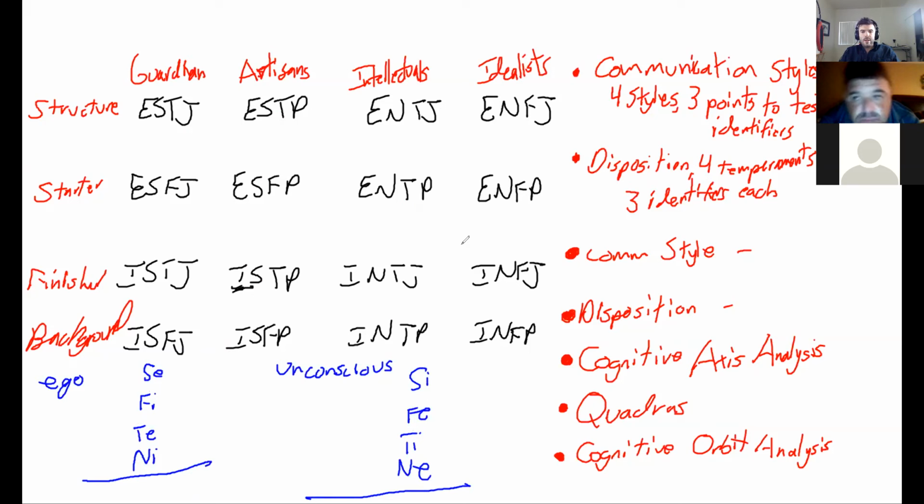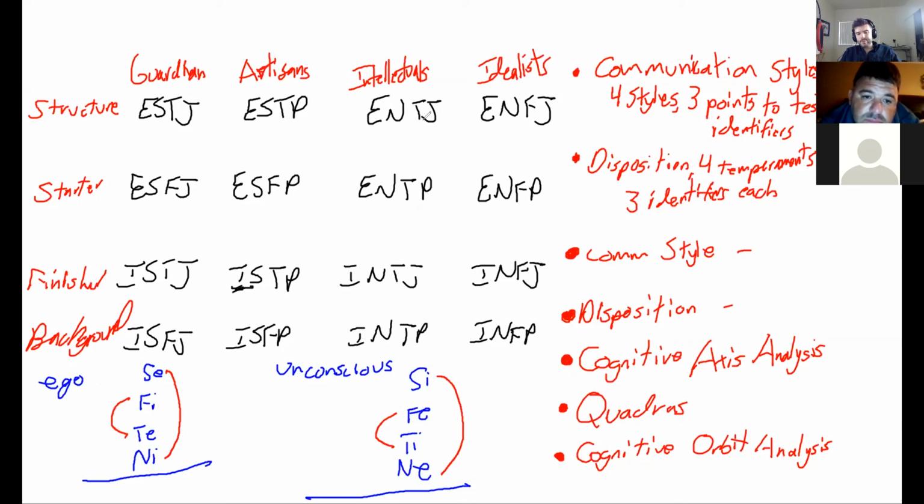So using the red, let's put in the axis. SI is always connected with NE, right? And TI is always connected to FE, right? And then we have NI always connected to SE, and FI always connected to TE. Those are cognitive axes. We've already talked about those.